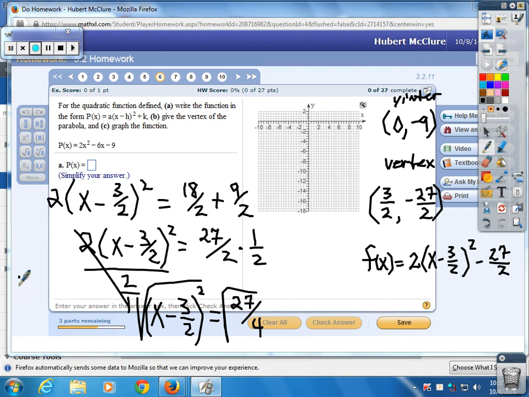That's going to give you x minus 3/2 is equal to positive or negative square root of 27, which is what? 5.2 over 2. X is equal to positive or negative 5.2 plus 3 over 2.